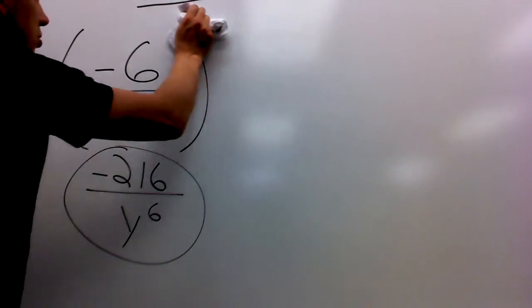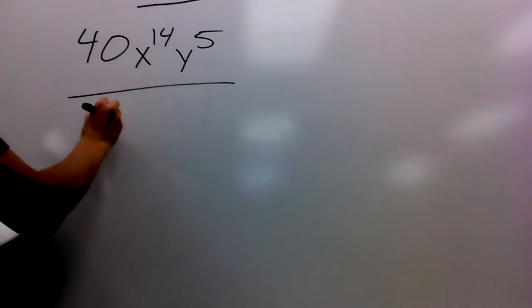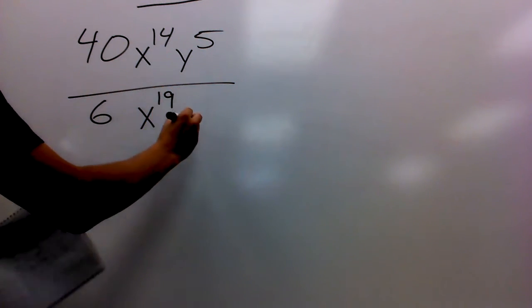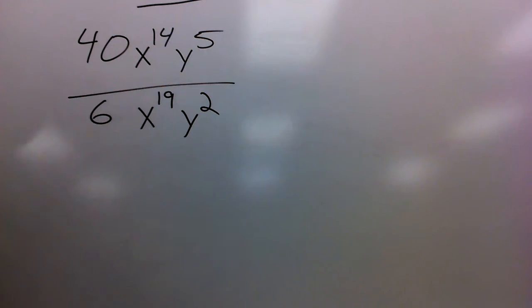All right, those are baby problems. Too easy for you. Now we got harder ones, more letters in there. Fractions: 40 x to the 14th y to the 5th over 6 x to the 19th y squared.